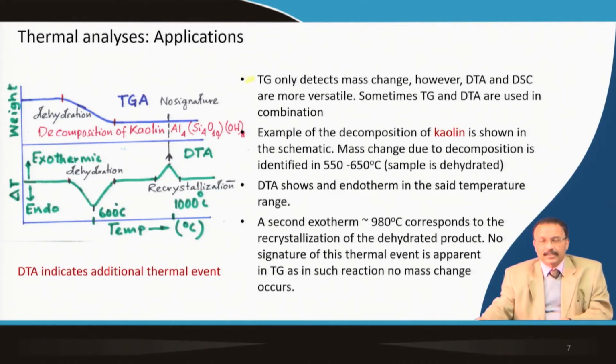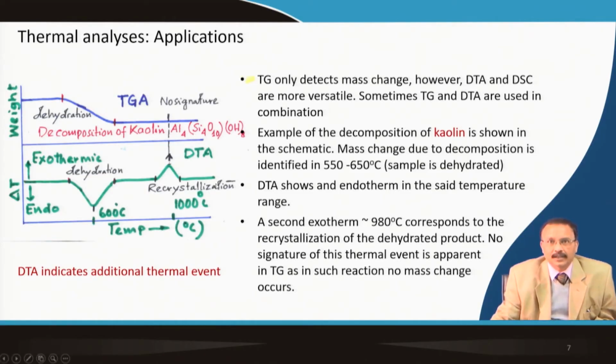For example, you can consider the decomposition of kaolin. The mass change due to the decomposition is identified at a temperature of about 550 to 650 degrees Celsius. The sample is dehydrated, and DTA shows a very broad peak which is endothermic in nature in the said temperature range.